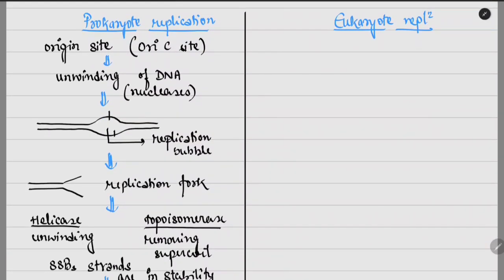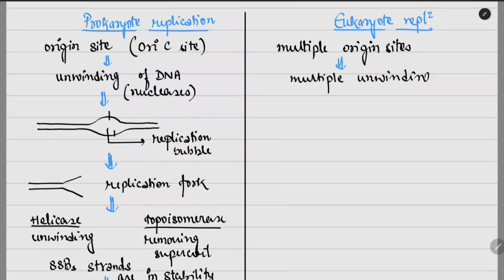Okay. Now, here is the eukaryotic replication. Eukaryotic replication is somewhat different from the prokaryotic one. Here there are multiple origin sites present. So, multiple unwinding, then multiple bubbles, replication bubbles. Okay.